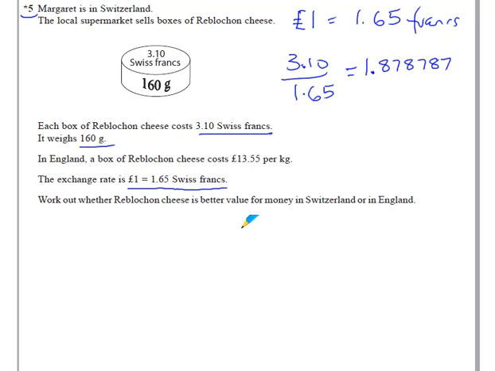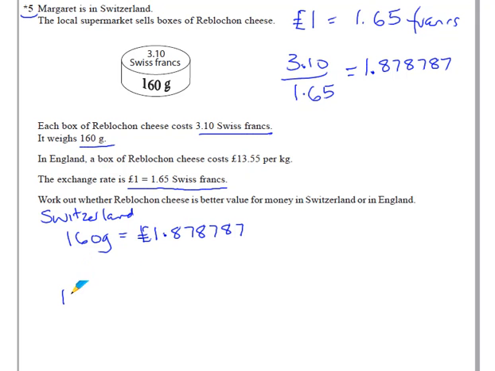So we know that now in Switzerland, the 160 grams of cheese is equivalent cost in English currency is 1.878787 recurring. Now it's important that at this stage we don't round too early in our calculations.